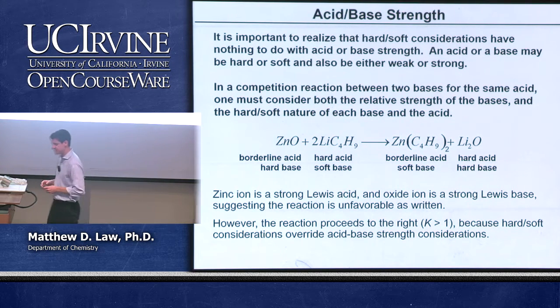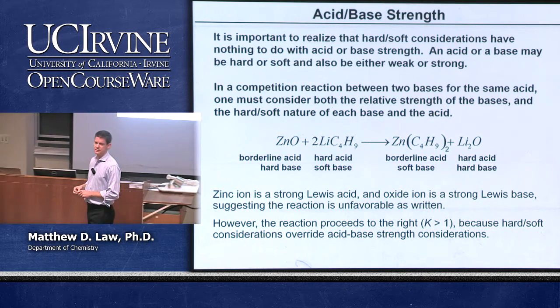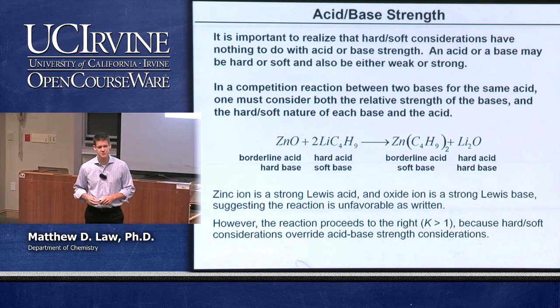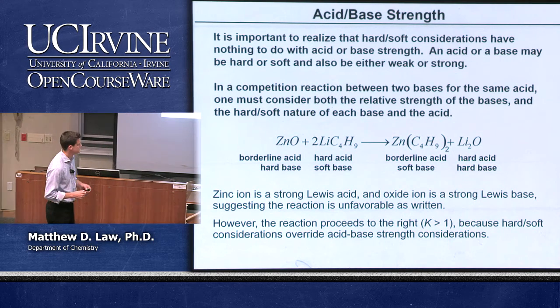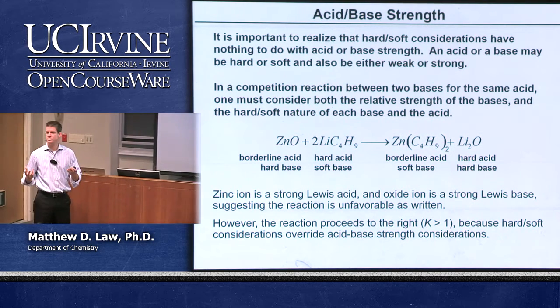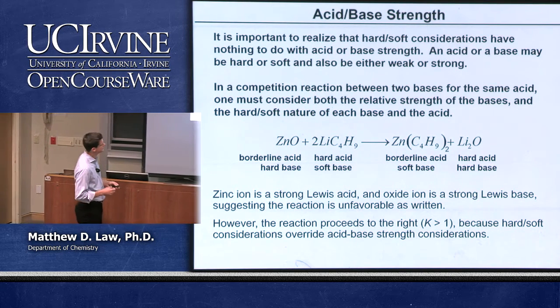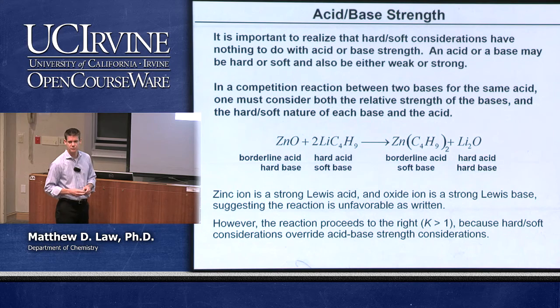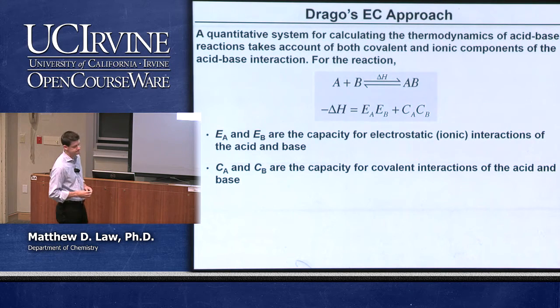It's not a very strong driving force, perhaps. And the bigger driving force for the reaction from the hard-soft acid-base perspective is the lithium oxide formation. So we have to consider both the hardness and softness as well as the strength or weakness of the acids and bases to get an idea about where these equilibria are going to lie. Again, it's a qualitative picture.